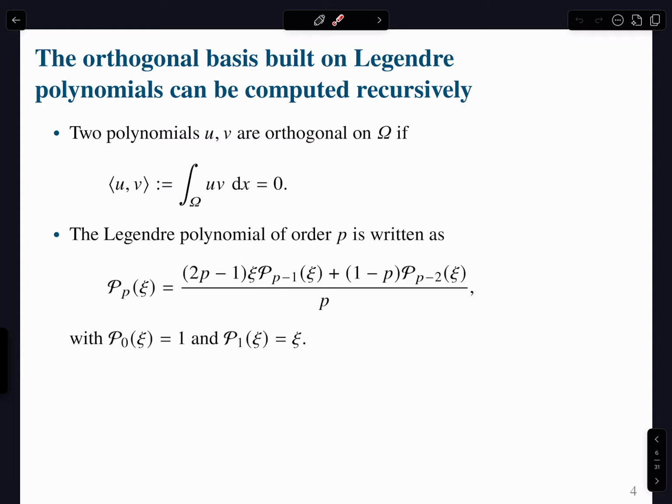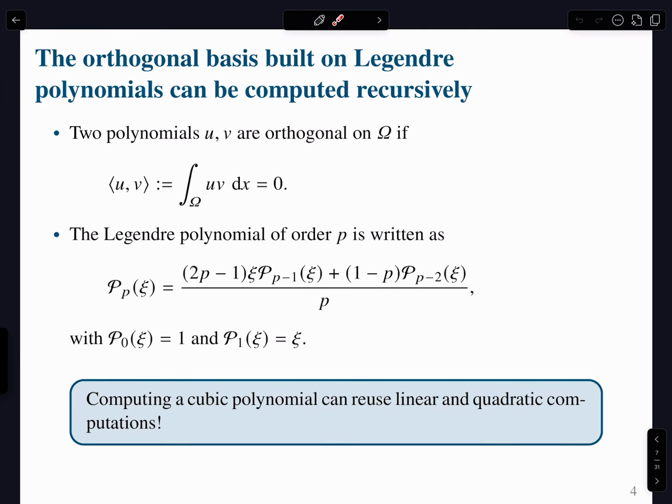If I now need to compute the Legendre polynomial of order 10, I know that I have already computed the 9th and the 8th at that location, and so I can reuse that computation.